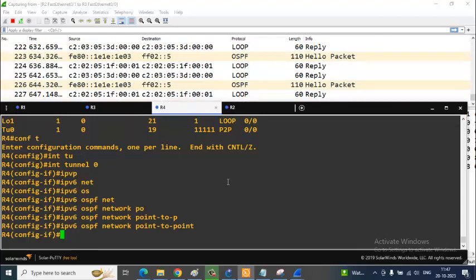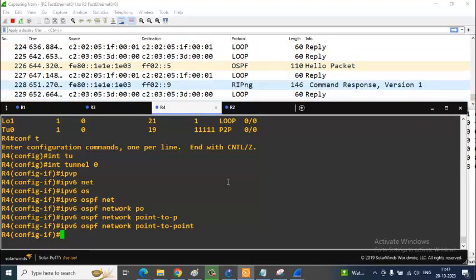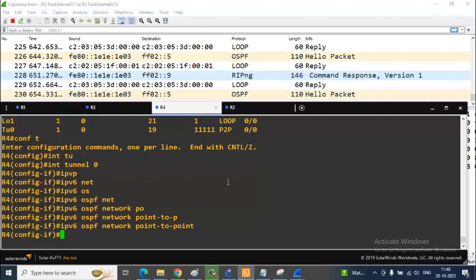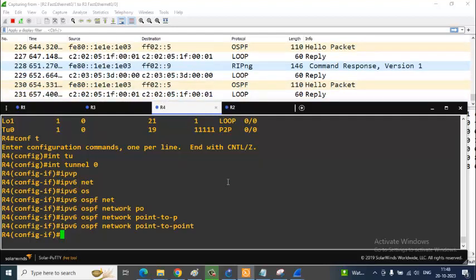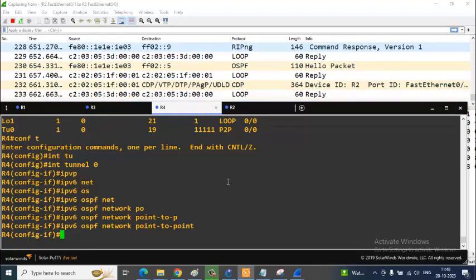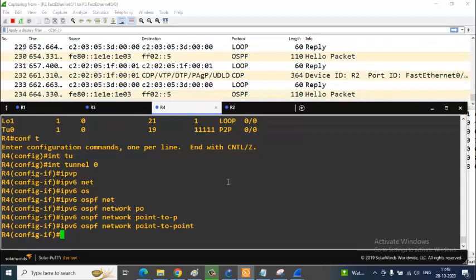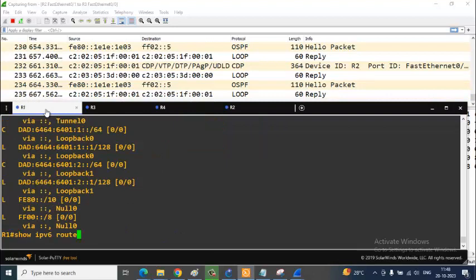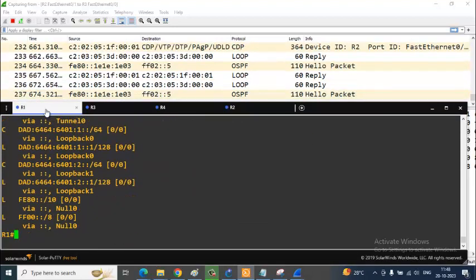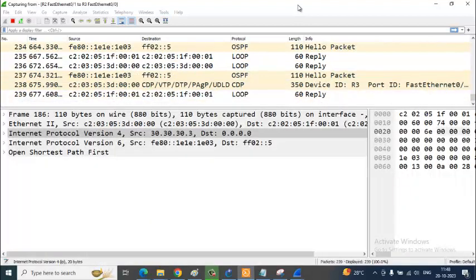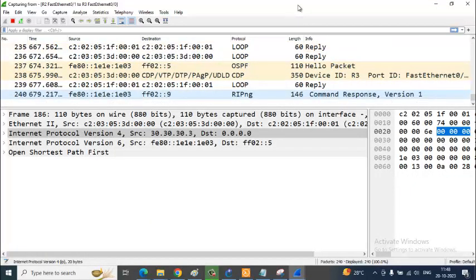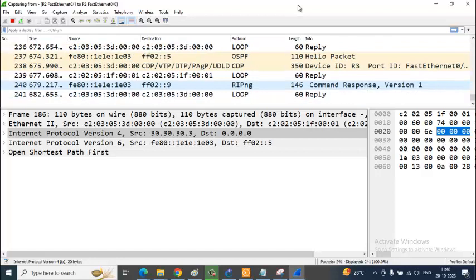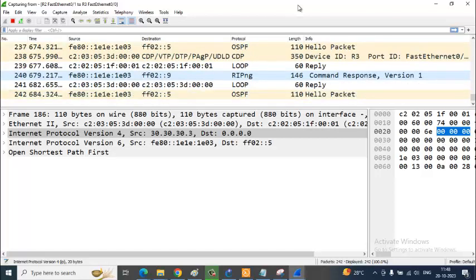What can it be? No. See, for routing protocol, we need to spend more time and then I'll let you know.